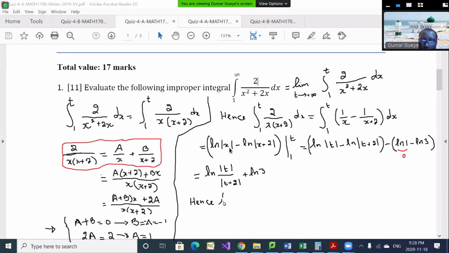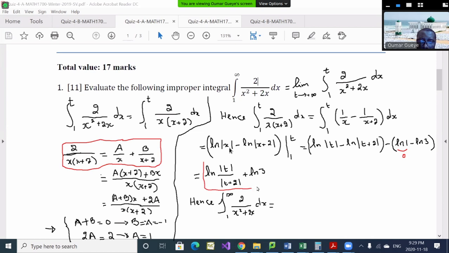Now the integral from 1 to infinity of 2 over x squared plus 2x dx. Is this equal to, we return to the first line and substitute this integral by its value that we already calculated in terms of t.